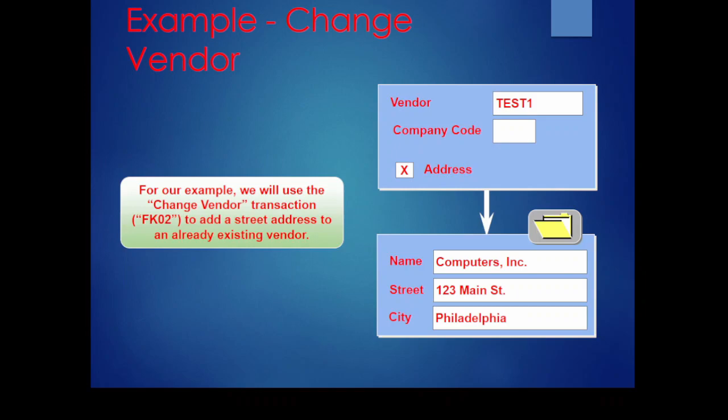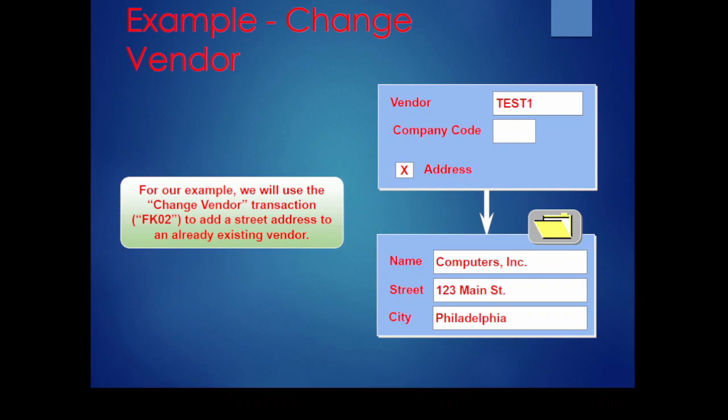Step number 3, determine how to proceed in the transaction: the command field. For example, if we use FK02 and change the address of the vendor, we have to press the save button.